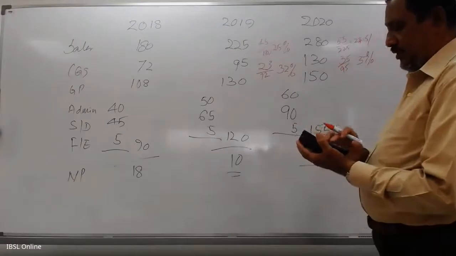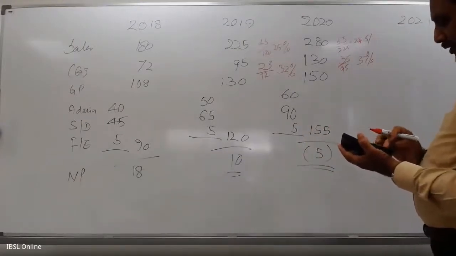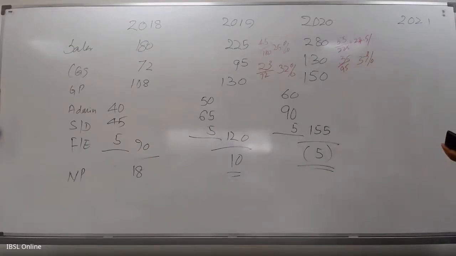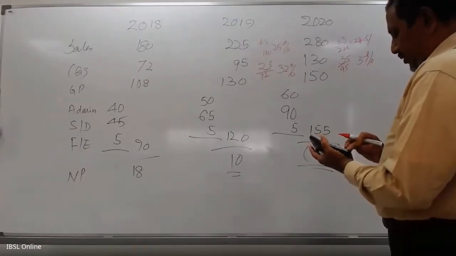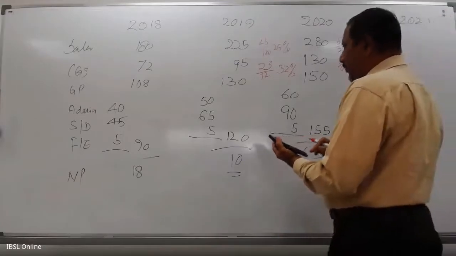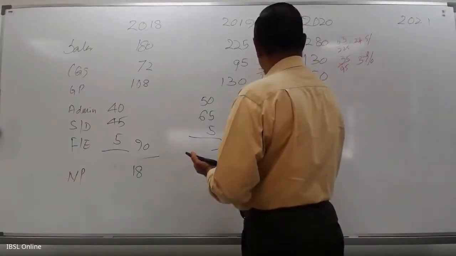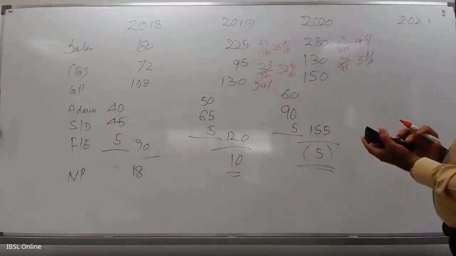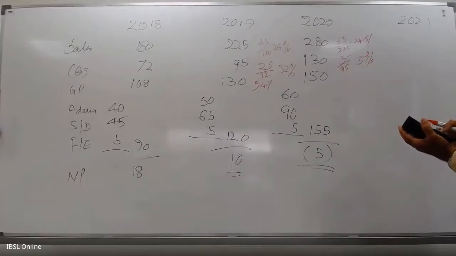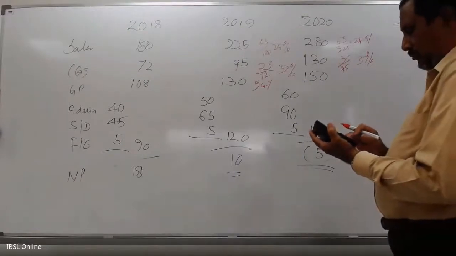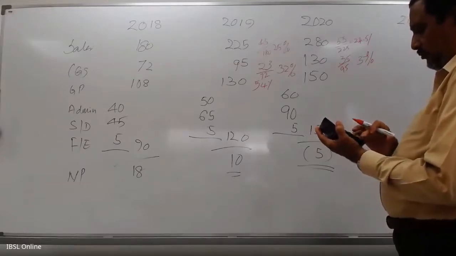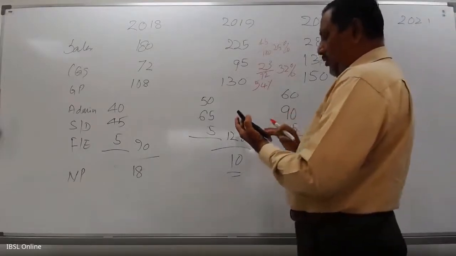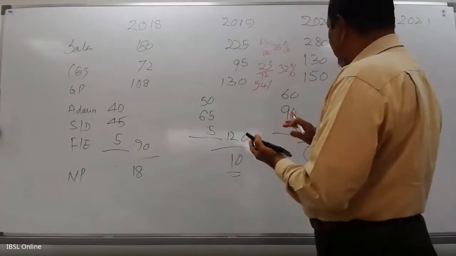Gross profit: 130 minus 108, divided by 108, is 20%.